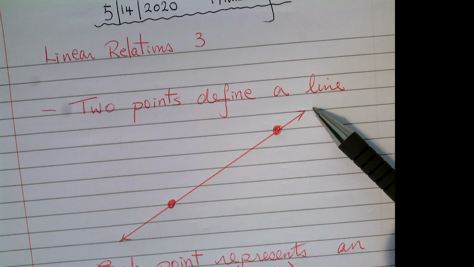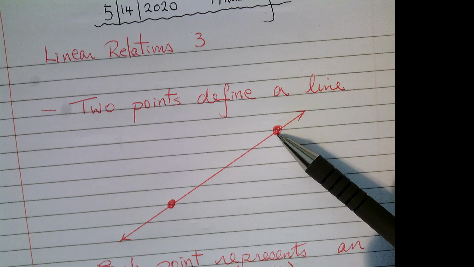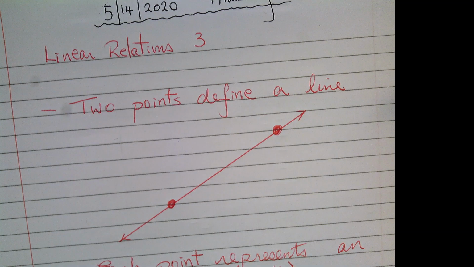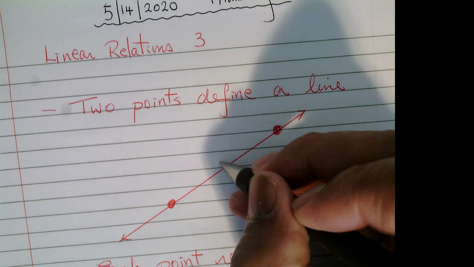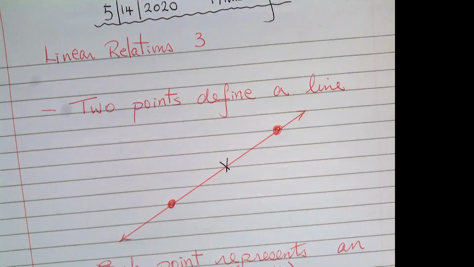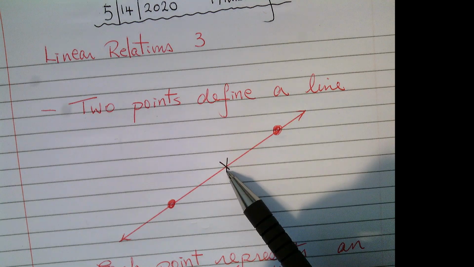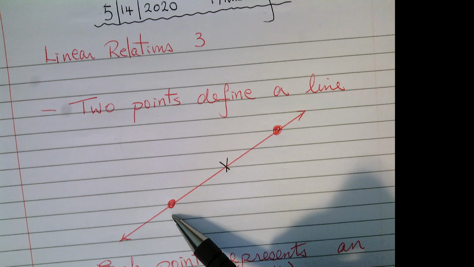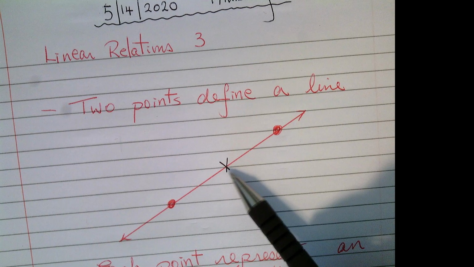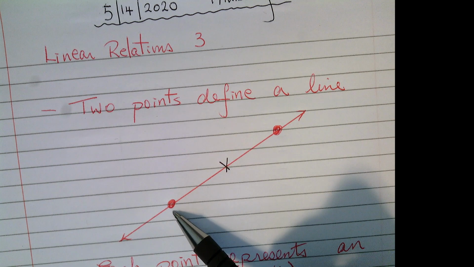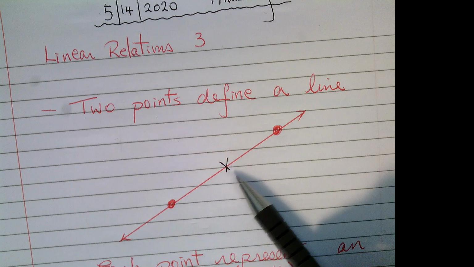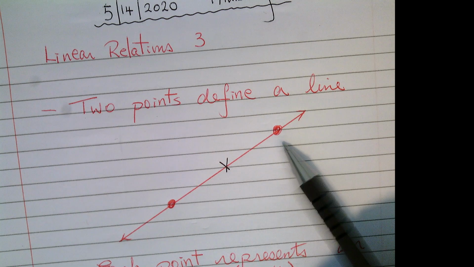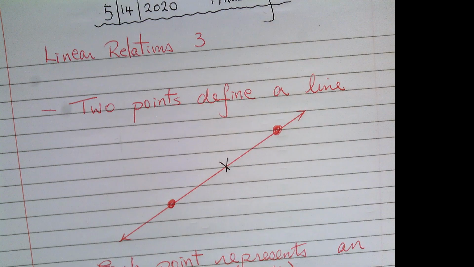But later on, in the assignment, you need at least a third point to verify the calculation. It's just to make sure all 3 points are collinear, meaning they are lying on the same straight line.